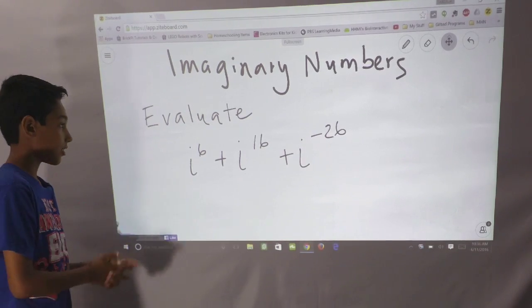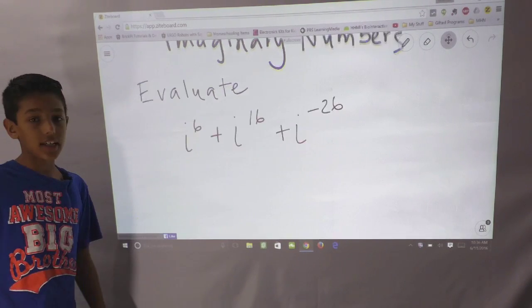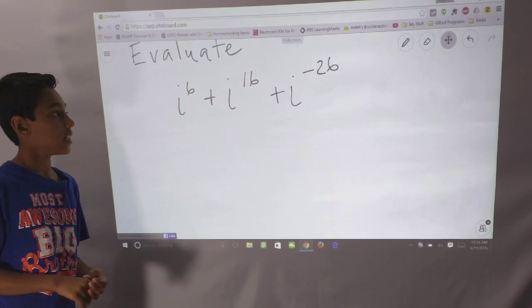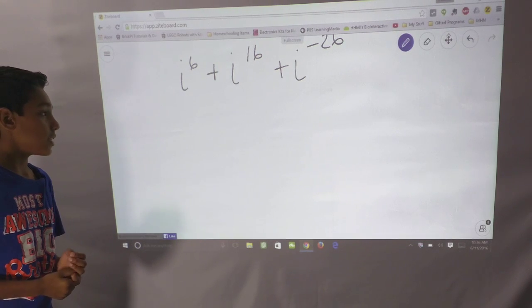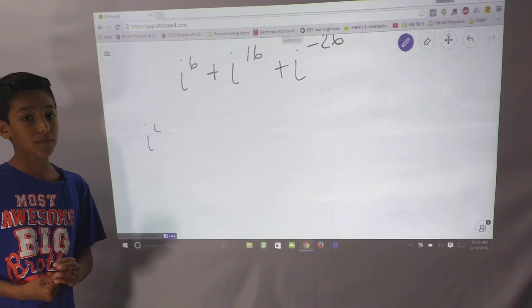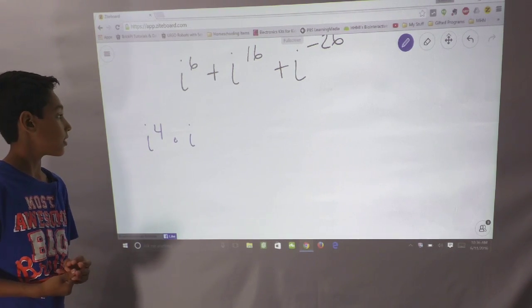So let's move on to our last problem. Evaluate i to the power of 6 plus i to the power of 16 plus i to the power of negative 26. So i to the power of 6, we can break out into i to the power of 4 times i squared.